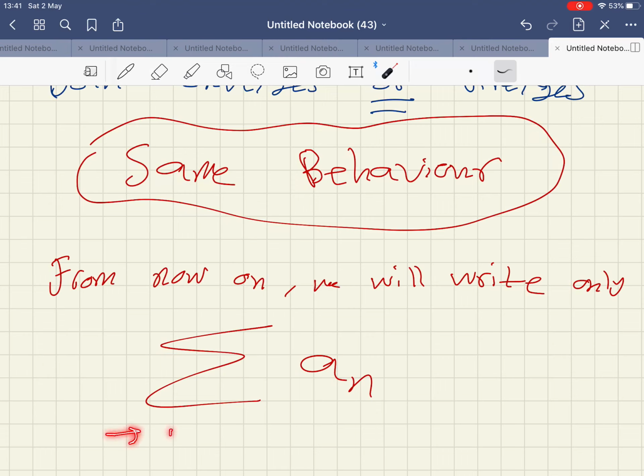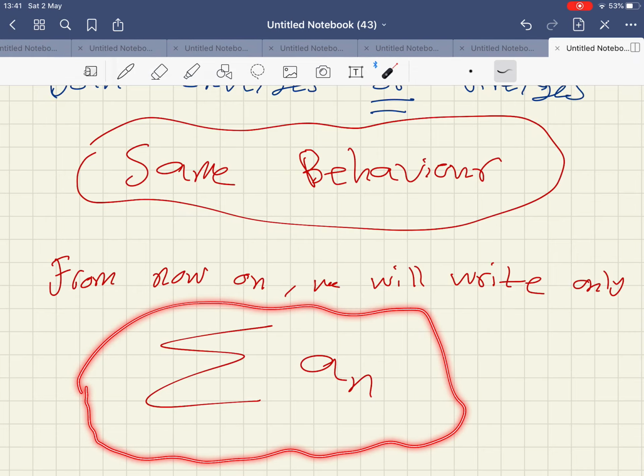Now, why don't I write n equal 1 or n equal 2 or n equal 3? Why don't I write this one? Because it does not matter. If it does not matter, we will just use this notation.